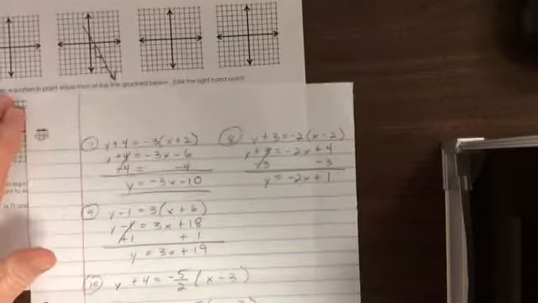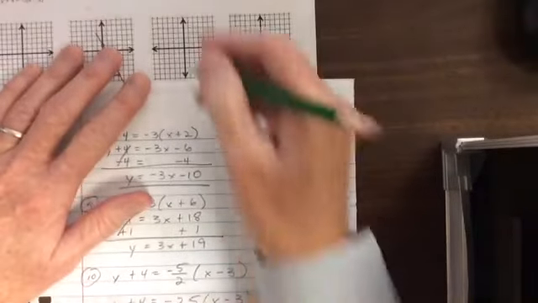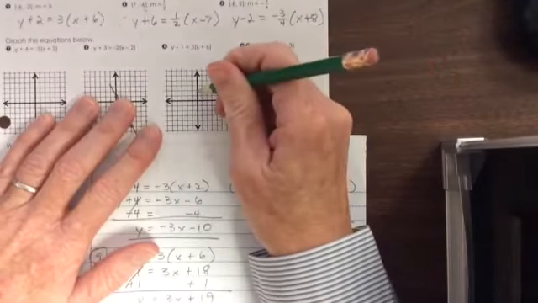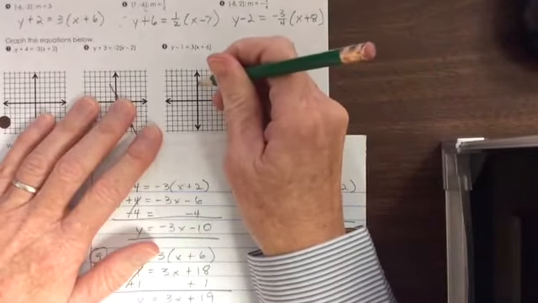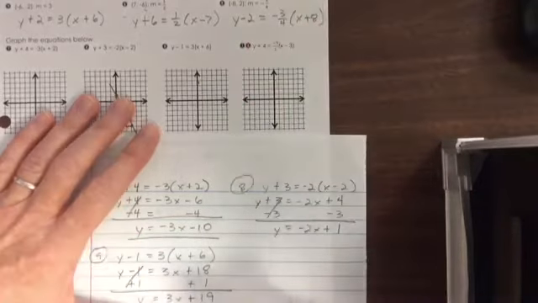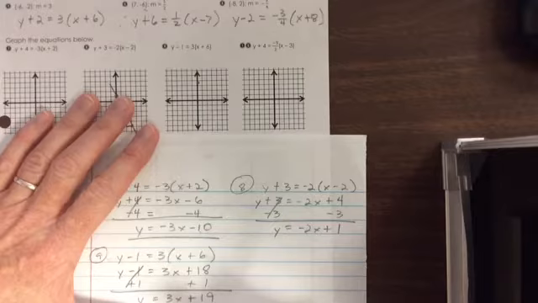So we can graph this one as well. My y-intercept is positive 3.5, so we have 1, 2, 3 and a half. And we know that we're going to go down 2.5 over 1.